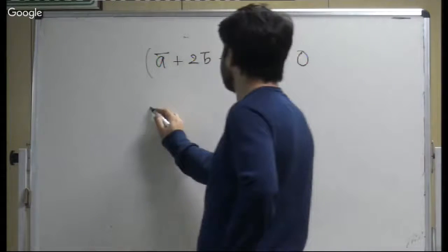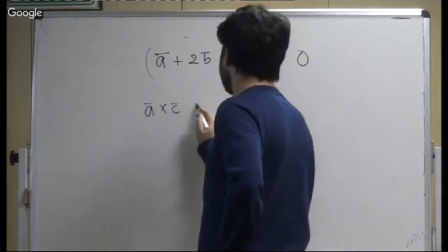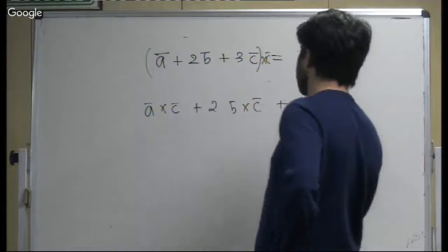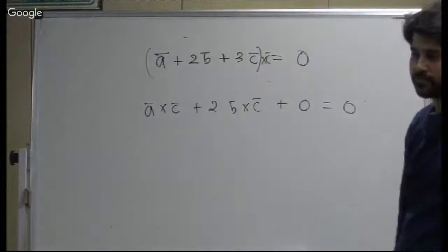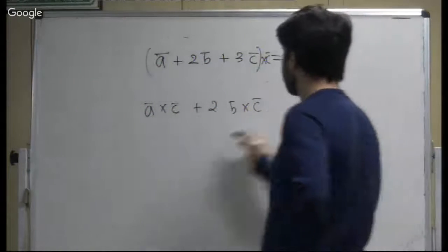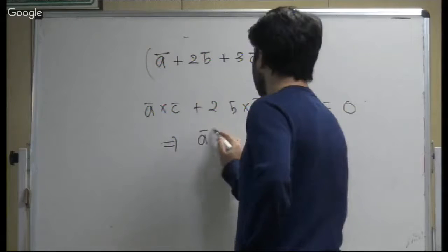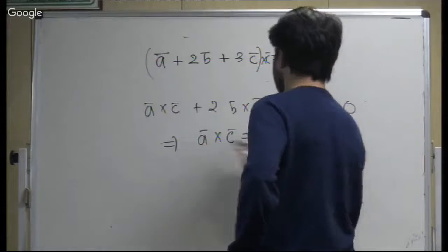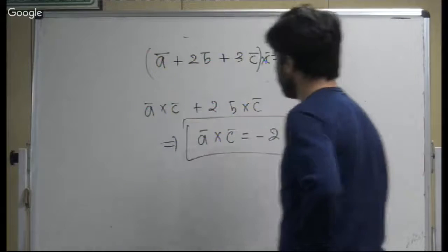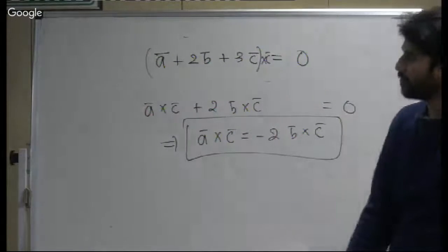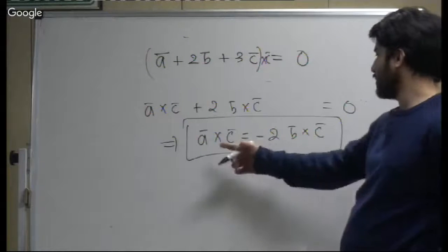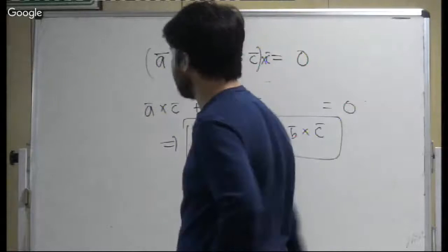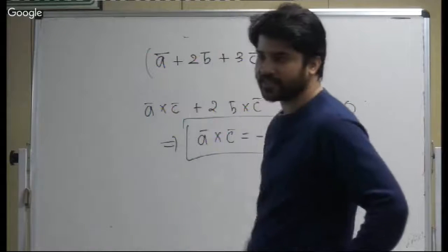So I can say A cross C plus 2 B cross C plus 0 is equal to 0, because C cross C is 0. So one condition we have now, because I can write A cross C in terms of B cross C, or rather I can write C cross A in terms of B cross C. Clear? Now the same thing, in this way we can create three relations.